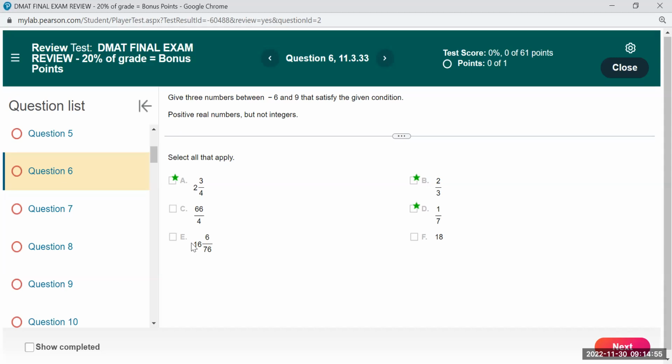So the options are 2 3/4, 2/3, 66/4, 1/7, 16, 6/75, and 18.